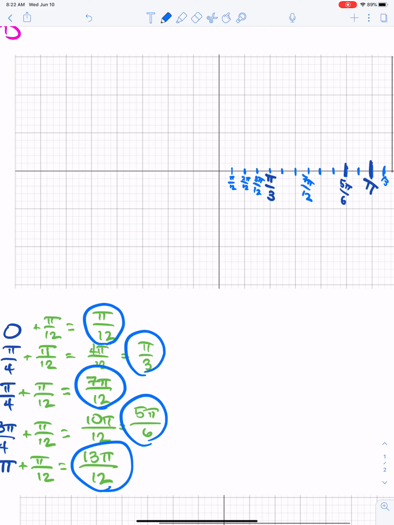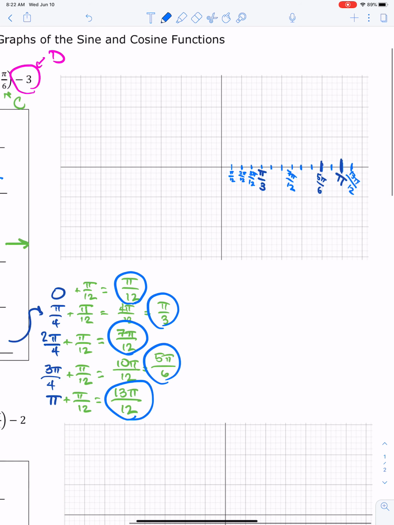And then 13 pi over 12. Okay. Here's the 0. I mean, if I was counting backwards, I could go also negative pi over 12 the other way. Again, we're just worried about a single period right now.